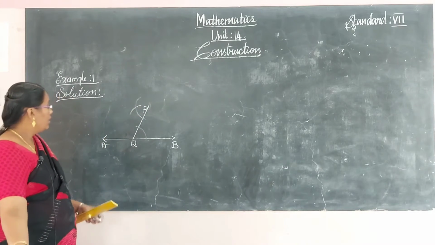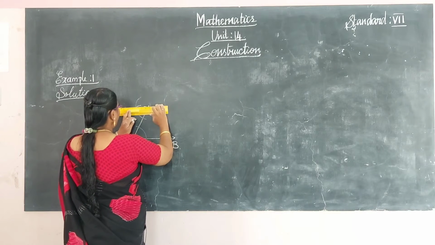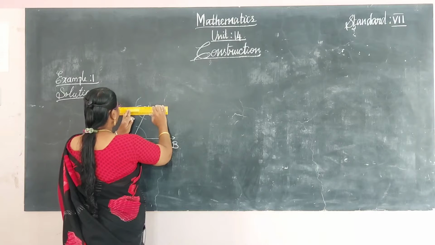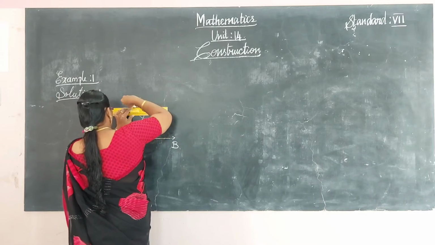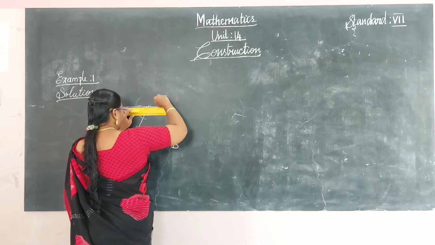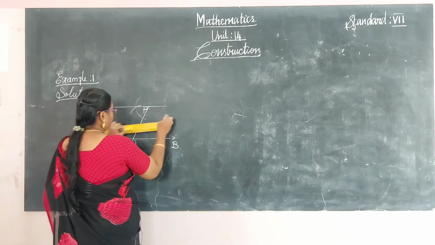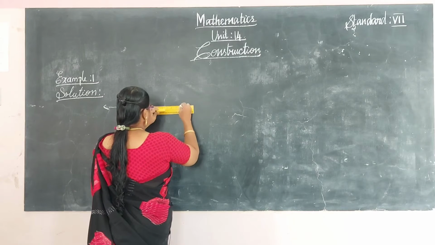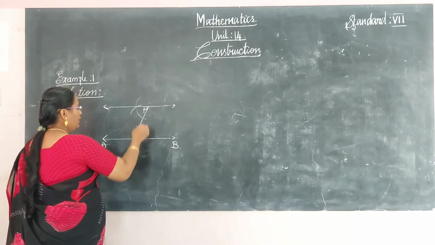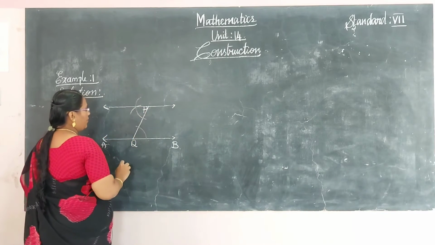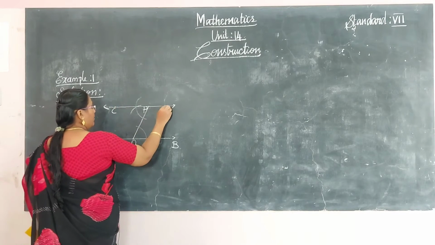Okay, now join from P to, extended it. Okay, the intersecting point is denoted by P. The parallel line is denoted by CD.